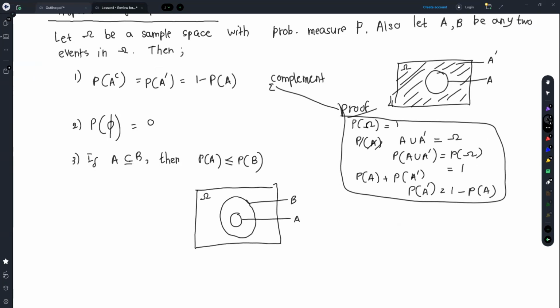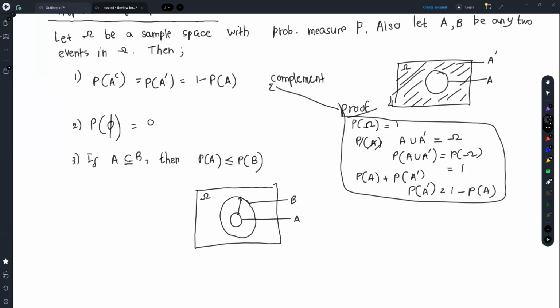When it's not a proper subset, that means A can be B. When you have this equal sign, A and B can be the same thing. So this circle can go up to B and overlap with B. Then A and B become the same thing, right? In that case, P(A) will be equal to P(B), or if not, it will be less than, right?